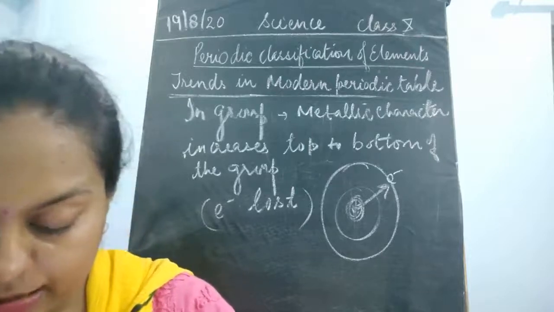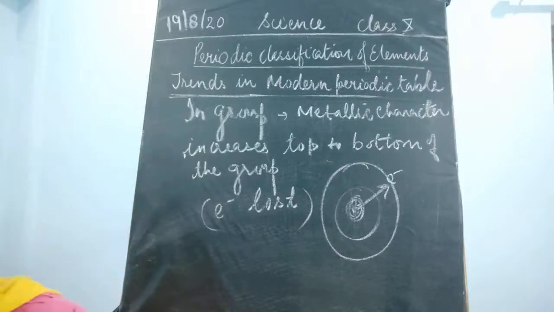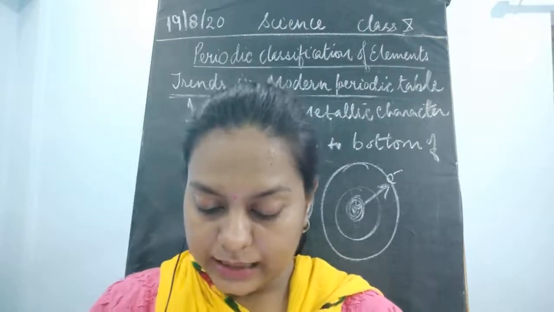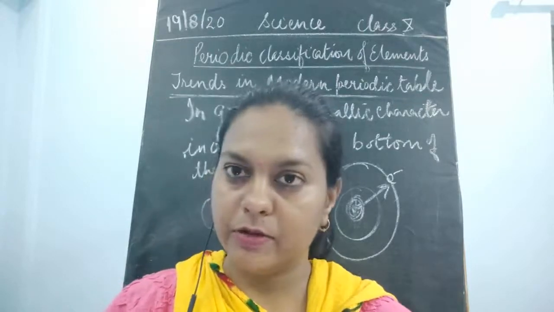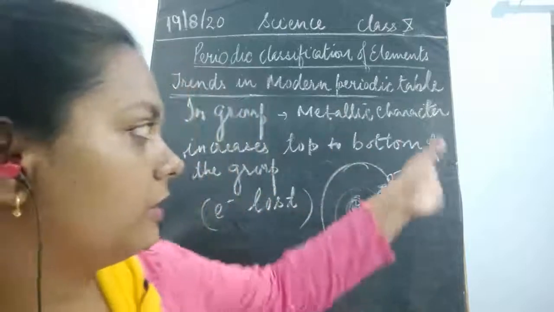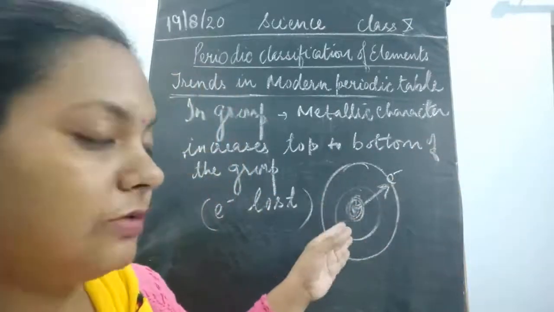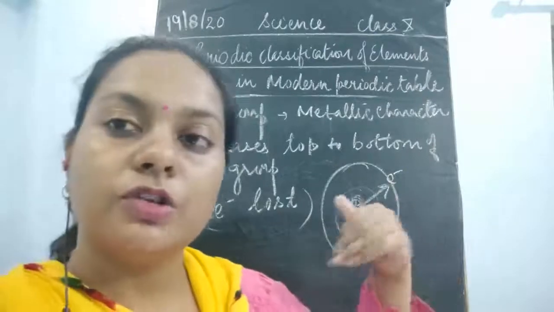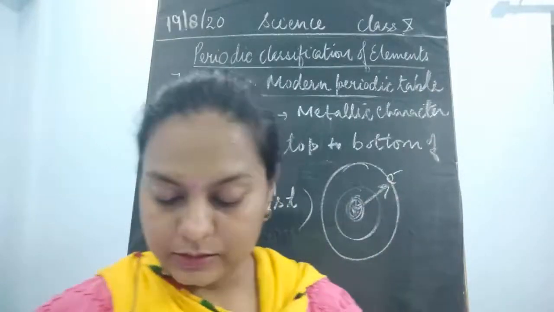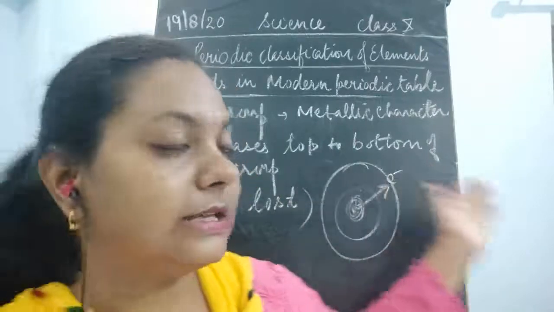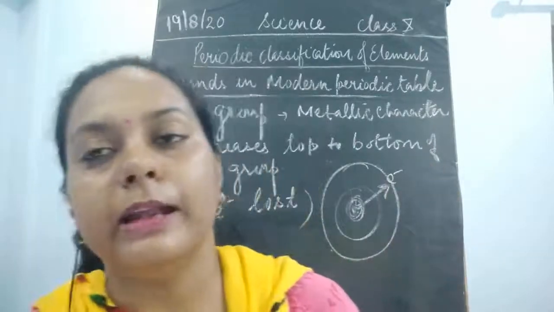Now the next variation: what is the variation in the metallic or non-metallic character in a period? Just the opposite would be there. When we are moving left to right in a period, the metallic character decreases. Very simple, because size was decreasing when we were moving from left to right in a period.